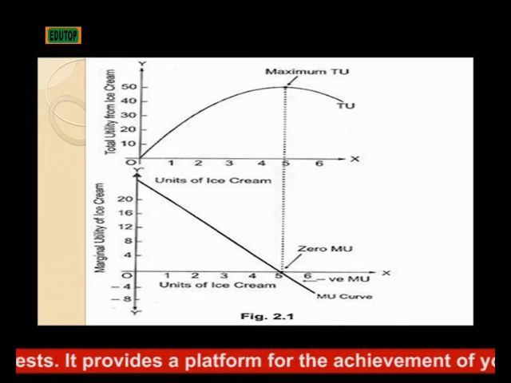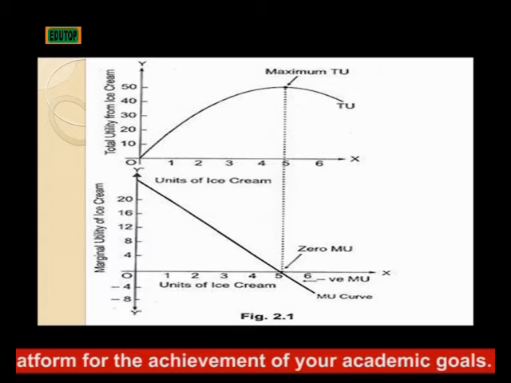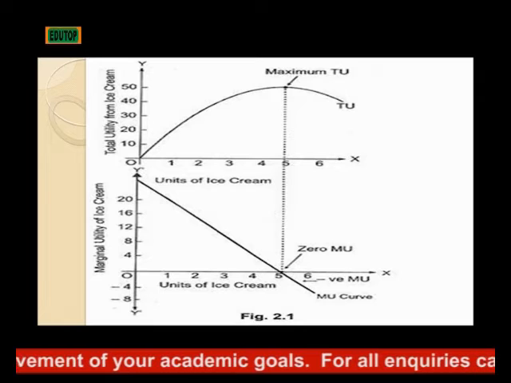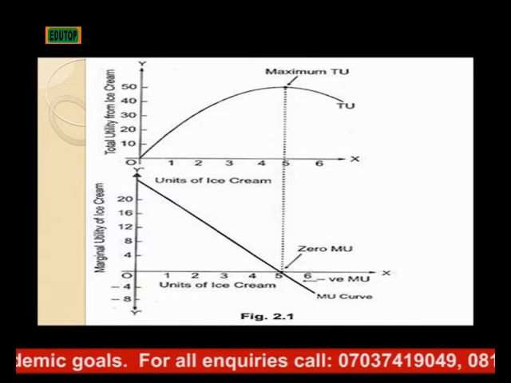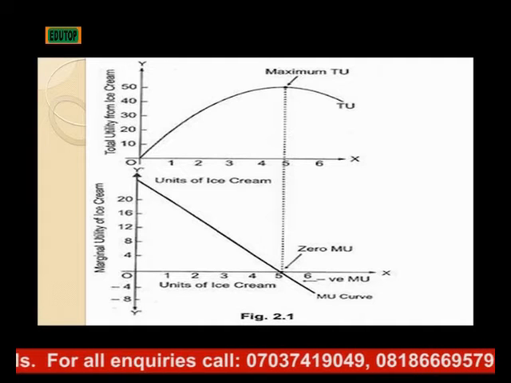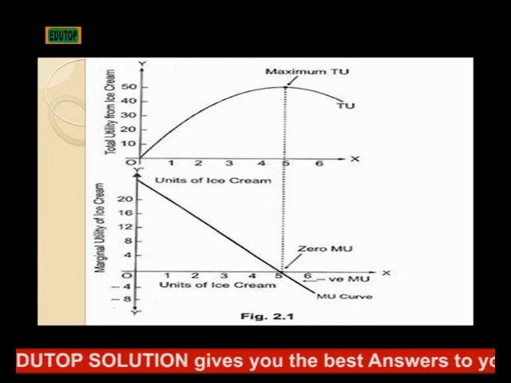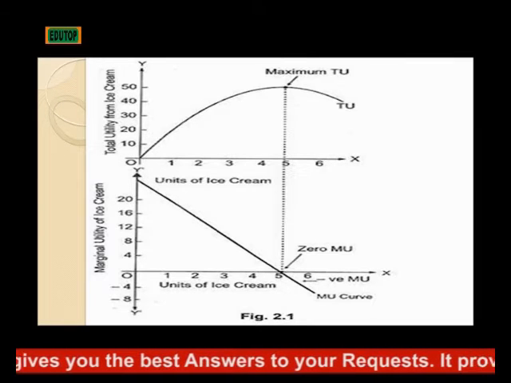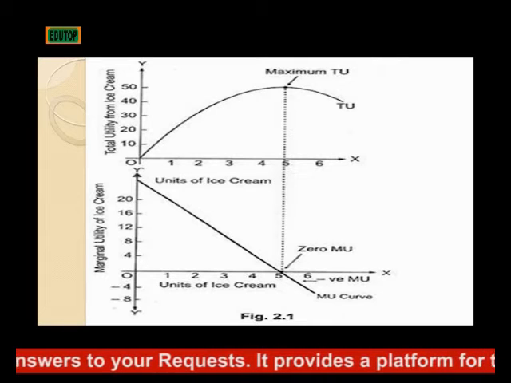That highest point is showing where the consumer reached the highest level of satisfaction, which is the point of 5, when the consumer was consuming the fifth ice cream that was yielding no more satisfaction. Therefore, any consumption at that moment will reduce the total utility. And that is why from that point 5, the total utility started falling. Then the total utility was reducing.